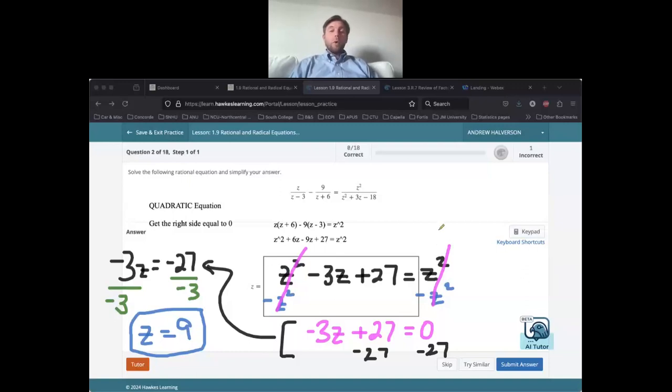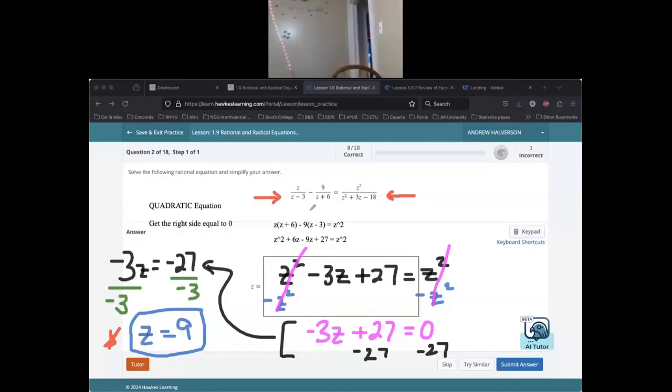Okay, before we leave this problem, this is our solution. Before you submit your final answer, you got to go back to the original problem. Is it a permissible solution? Is z equal 9 a permissible solution?